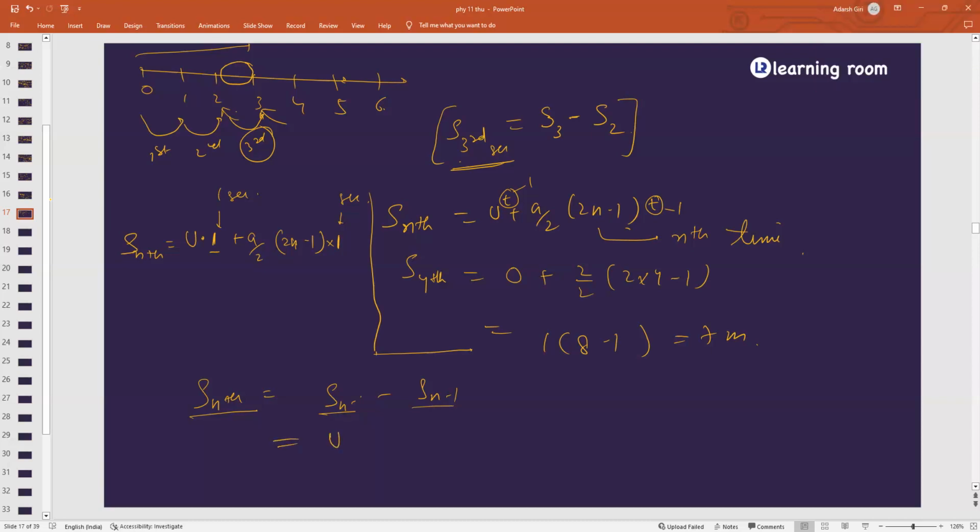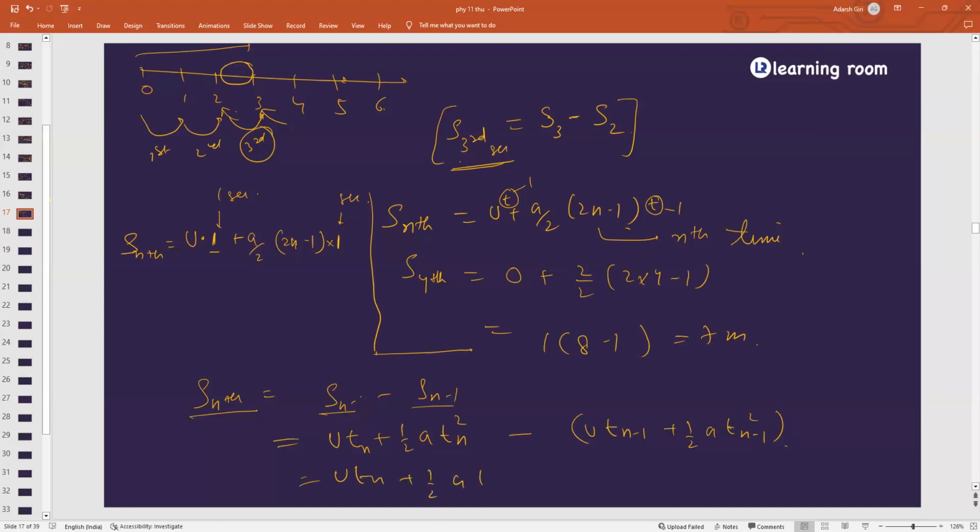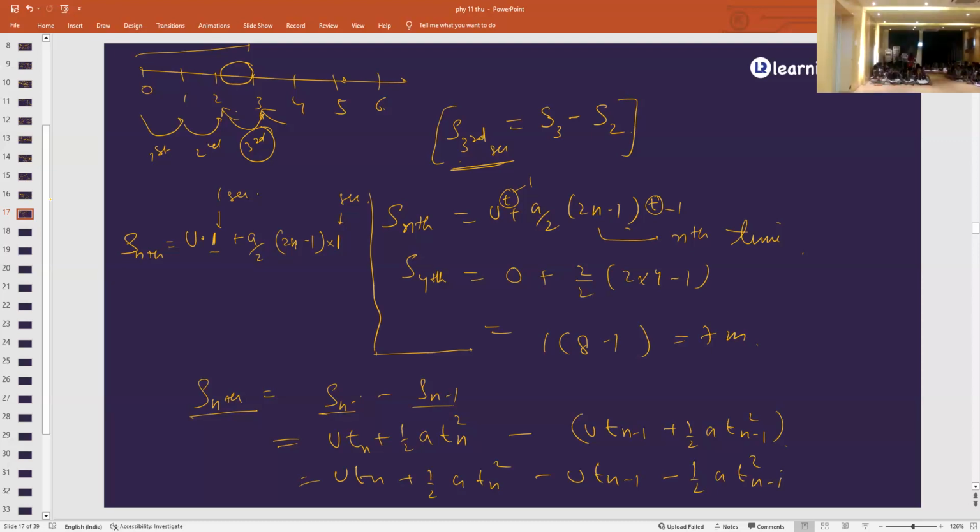So what is distance traveled in n seconds? It is u into tn plus half into a into tn whole square, minus of u into tn minus 1 plus half into a into tn minus 1 whole square. Agree? Yes, sir. So it will be u into tn plus half a tn square minus u into tn minus 1 minus half a tn minus 1 whole square.